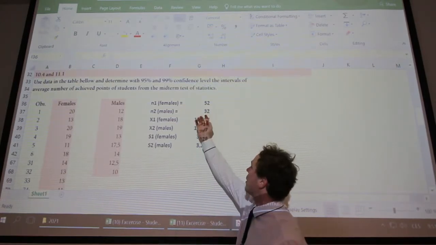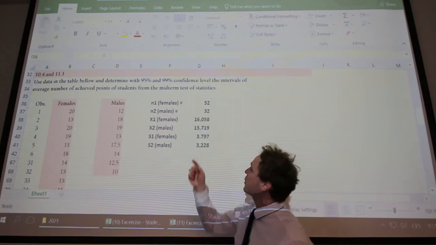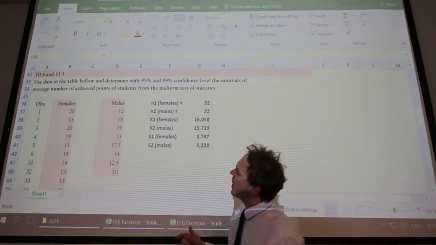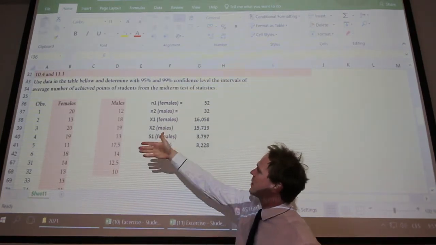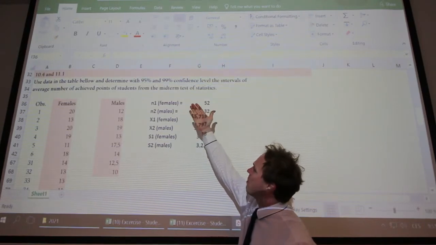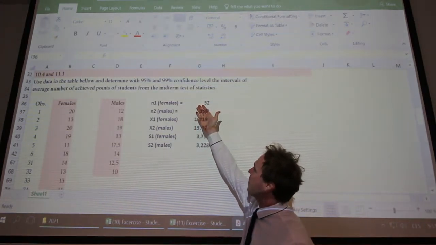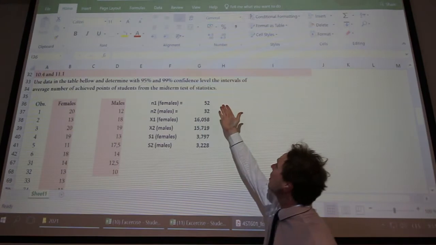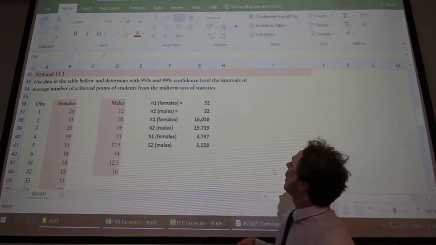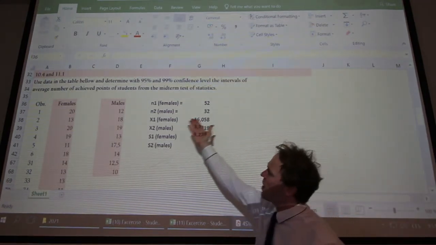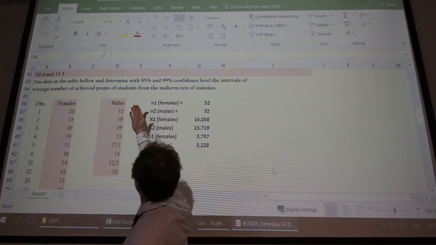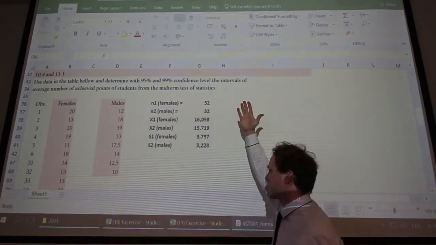We have 32 males and 52 females. Using the data in this table, we will determine with 95 and 99% confidence level the intervals of the average number of achieved points of students from the midterm test of statistics.